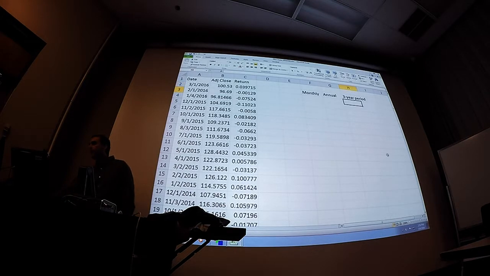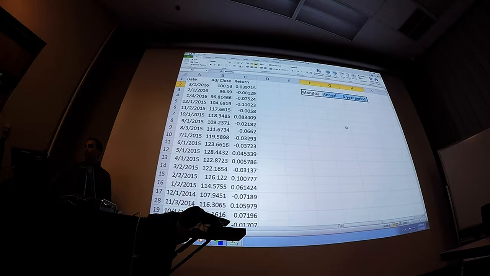And there's 3 different sort of time periods we could work with here. Here I took a total 5-year period. So we could talk about returns over the entire 5-year period. We could talk about annual returns, like average returns each year for those 5 years. Or we could talk about monthly returns, because we've got a whole bunch of monthly returns here right now. So we got kind of 3 different time frequencies or time spans we could talk about.